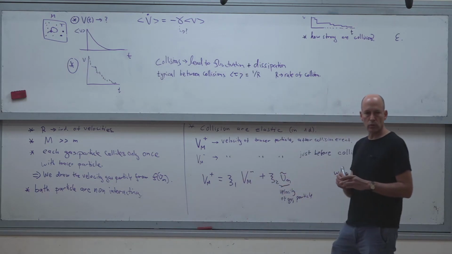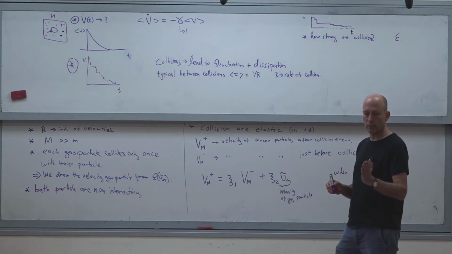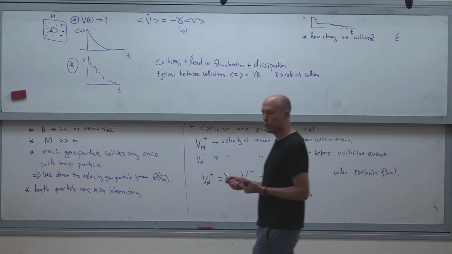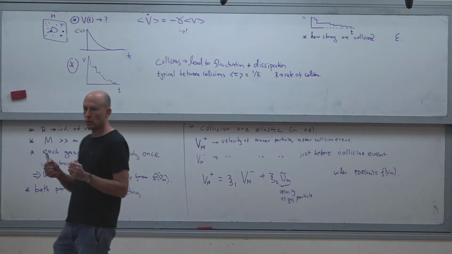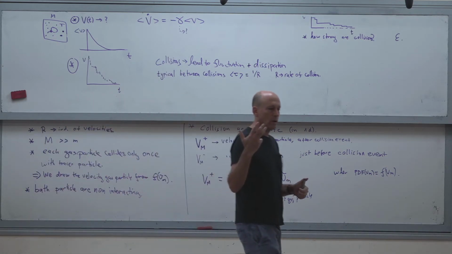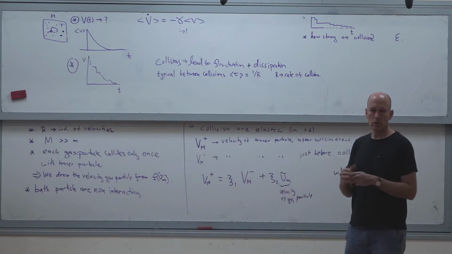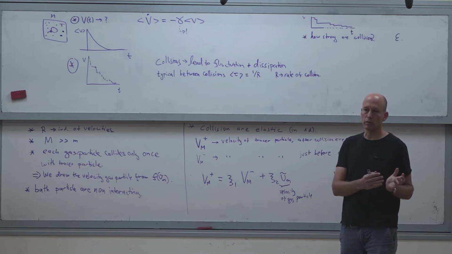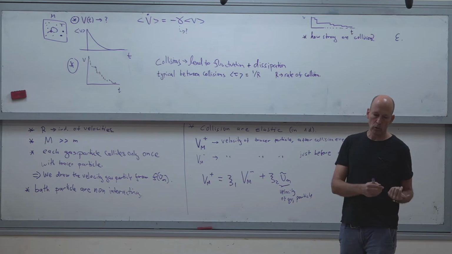You did it in high school. You solve the conservation of energy, and you solve the conservation of momentum when two particles collide. So you have two equations, conservation of energy and conservation of momentum.